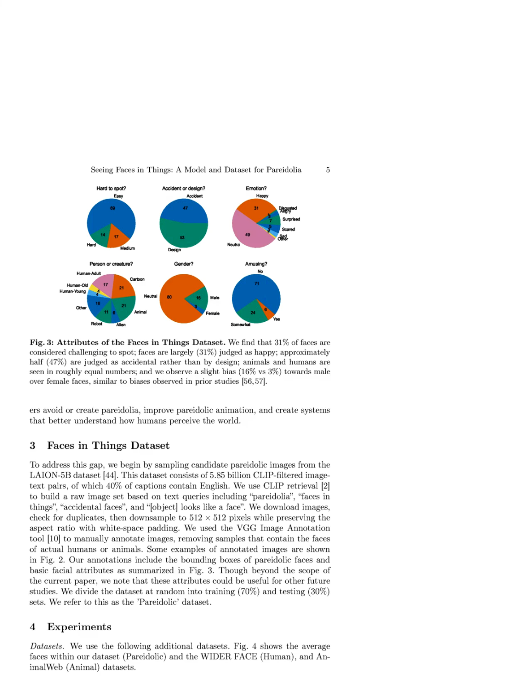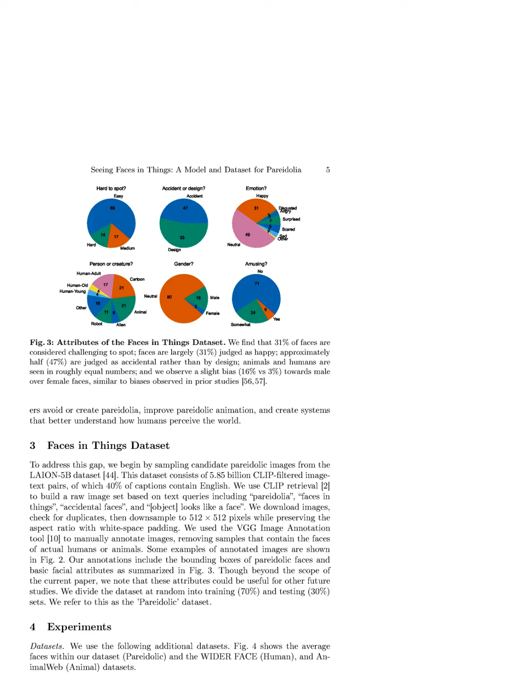The Faces in Things dataset is created by first sampling candidate pareidolic images from the LAION-5B dataset, which contains 5.85 billion image-text pairs. The researchers use CLIP retrieval to filter images based on text queries related to pareidolia, such as "pareidolia" and "Faces in Things".